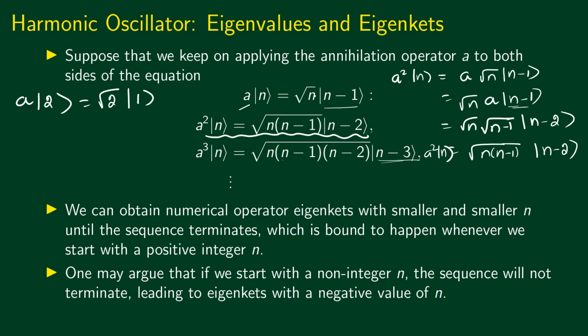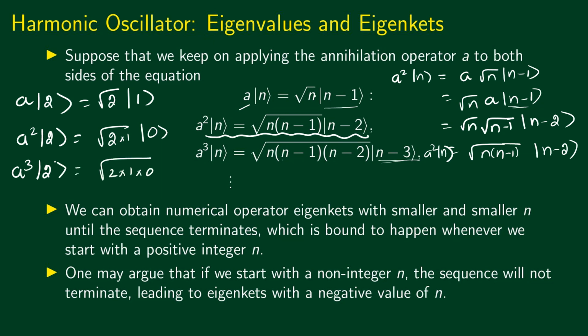Let's apply the annihilation operator again. A square acting on ket 2 is equal to square root of 2 into 1 multiplying ket 0. If we do that once more, a cube acting on ket 2 would become square root of 2 into 1 into 0 multiplying ket minus 1.